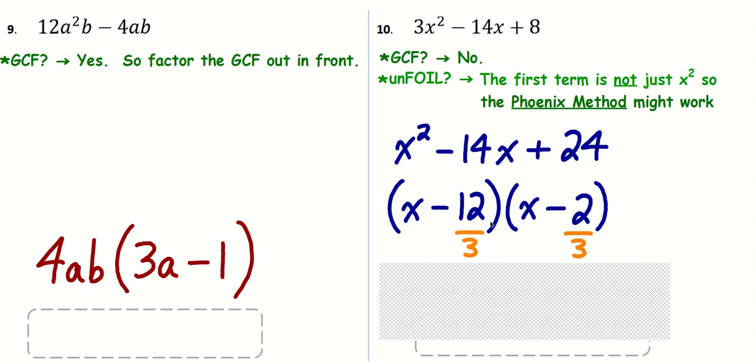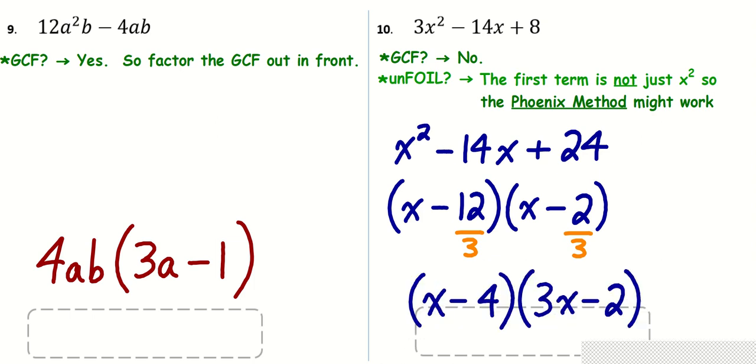And look, 12 over 3, you can say that's 4 over 1, but it's really just 4. 12 divided by 3 divided cleanly. It did more than reduce. It divided clean, so that'll just become a 4. And then 2 over 3 doesn't reduce at all. So the 3 bumps up, and you have 3x minus 2.